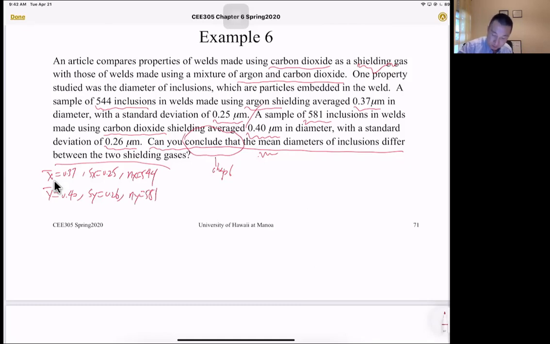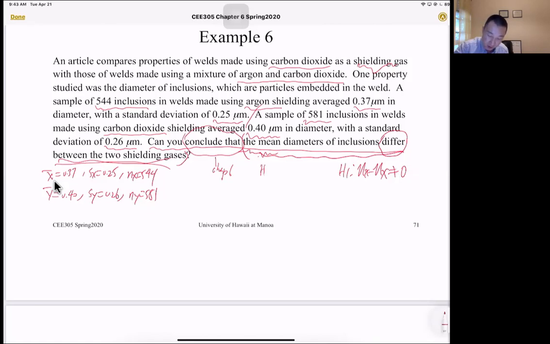So whatever is asked after conclude will be H1. So H1 will be that the mean value difference is not equal to zero, because the mean diameter differs between the two shielding gases. If there is a difference, then it is not equal to zero.